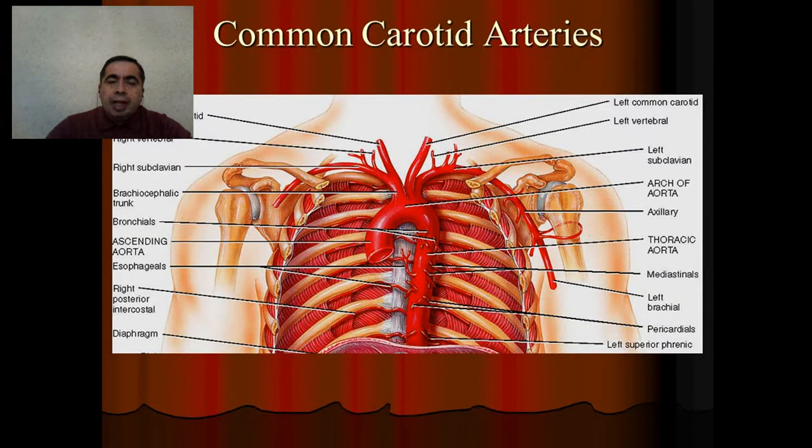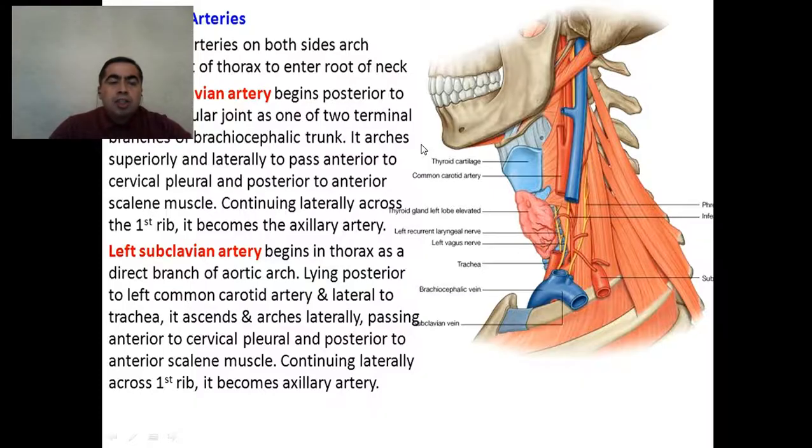You are looking again at the common carotid arteries, at the origin of the common carotid artery. On the right side, it originates from the brachiocephalic trunk. On the left side, it originates from the aortic arch. The subclavian arteries on both sides arch upwards out of the thorax to enter the root of the neck.